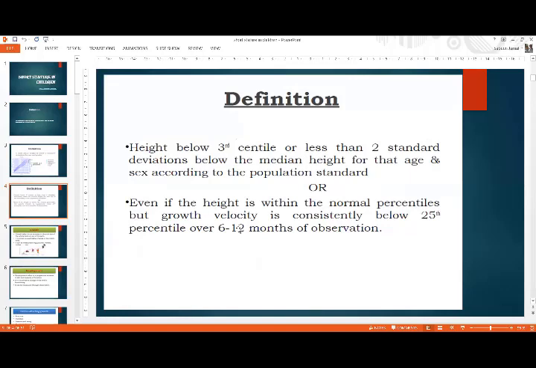Or even if the height is within the normal percentile, but growth velocity is consistently below the 25th centile over a period of 6 months to 12 months. So any height that is below the third centile or less than 2 standard deviations below the median height for that age and population will be termed short stature.